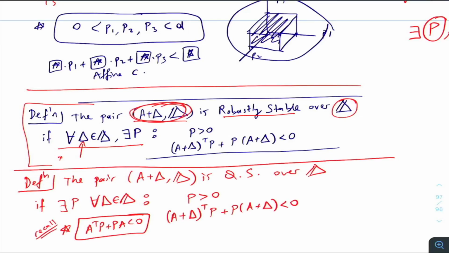It's negative, alright? And we only switch those two terms, right? And this is quadratic stability and this is robust stability. We'll be focusing on quadratic stability because it's the important case actually.